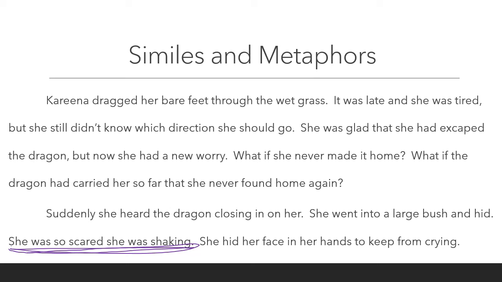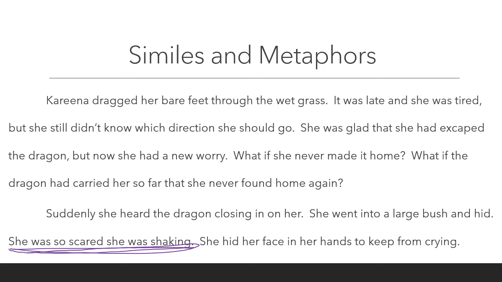She was shaking like a Halloween skeleton decoration. That one's scarier. She was shaking like a spider. Ooh, she was shaking like a fly trapped in a spider's web, because I want her to be kind of trapped by the dragon.